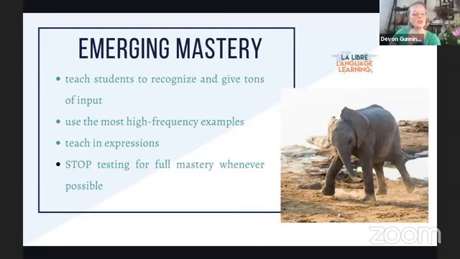And what if we stopped testing for full mastery whenever possible? So what do I mean by that? You know, those quizzes that are very common where you have exercises where students are given two different options and they have to circle which one would match. Is it going to be the imparfait form of that verb, or is it going to be the passé composé form of that verb based on whatever situation they're in?